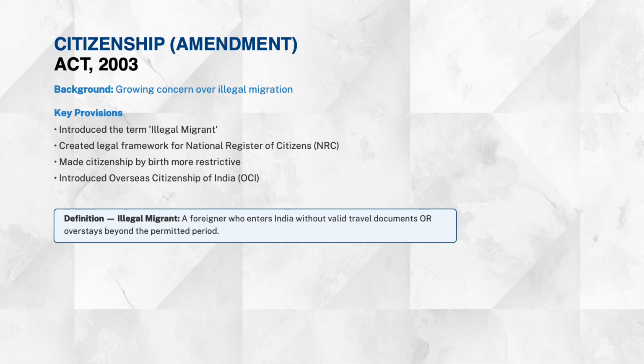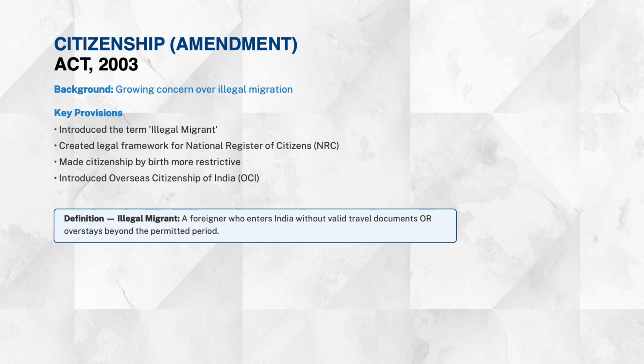So even if you're an American, if you have a visa for 60 days, and you stay beyond your period, you are an illegal migrant. By law, you are an illegal migrant. So a key provision in the Citizenship Amendment Act 2003 introduced the term illegal migrant. Is that easy? Yes.